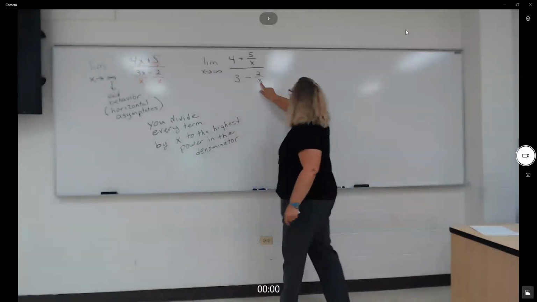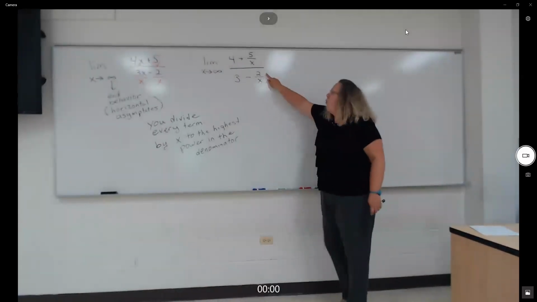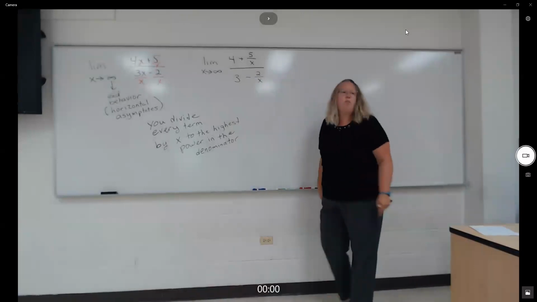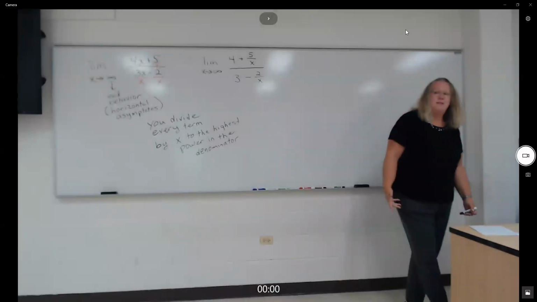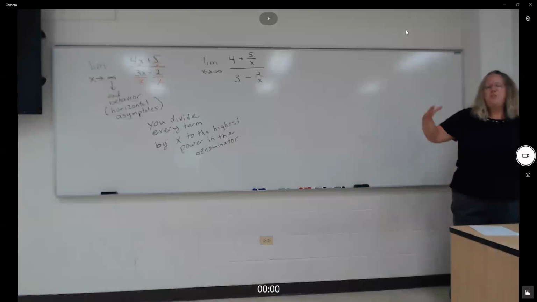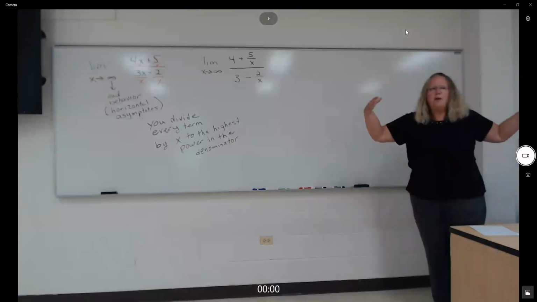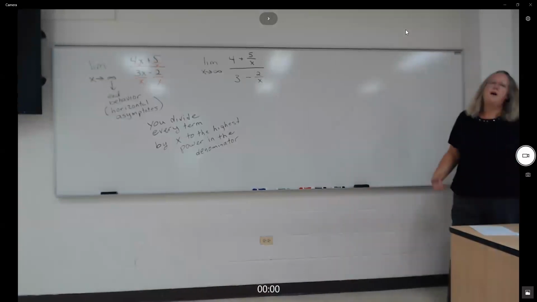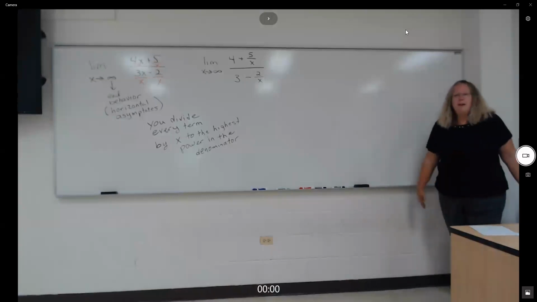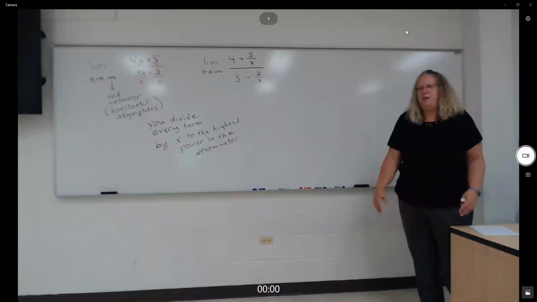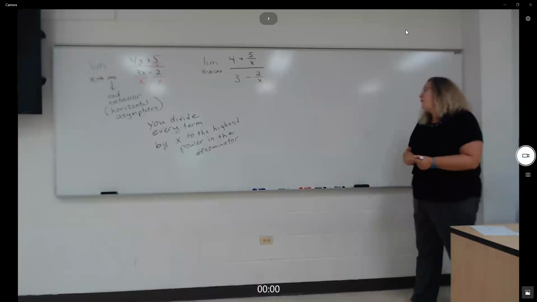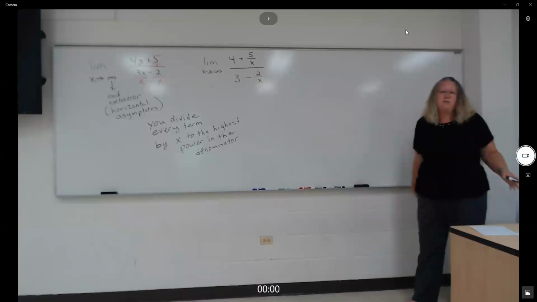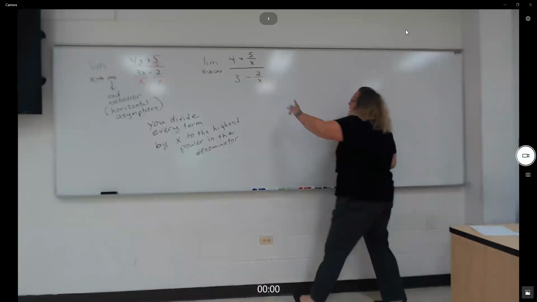As this gets bigger and bigger and bigger, what is this overall value approaching? 0. If you do 2 divided by 1,000,000,000,000, it's probably going to give you 0 even on your calculator. So these are headed towards 0.